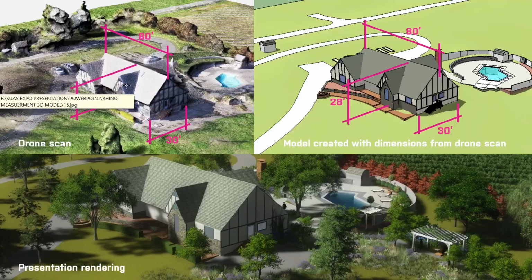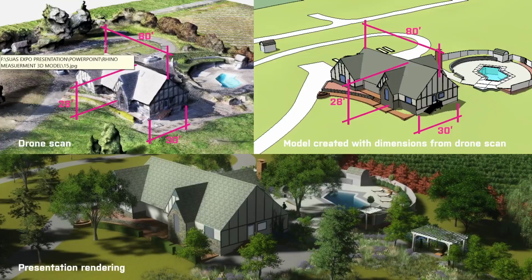Can you go back two or three slides to that one? Oh yeah, that one. So you created the digital rendering out of the drone model. Yeah. And was that done in Photoshop? So this model here is an OBJ model, which is a standard 3D model format, the output from the drone software. I opened that in Rhino and was able to take reference measurements.